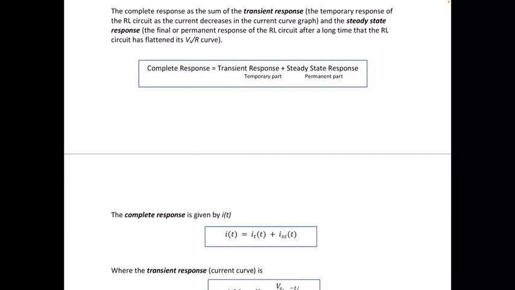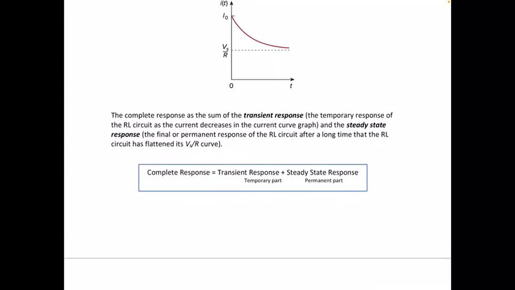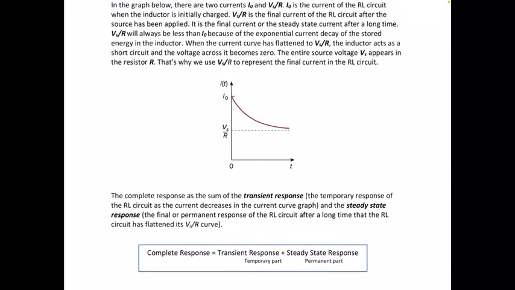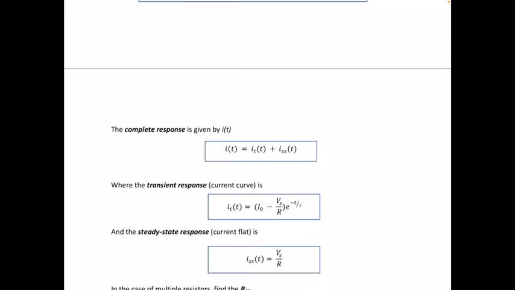The complete response, as the sum of the transient response and the steady state response, is given in this formula. The transient response is the temporary part, where the current graph experiences a curve, and the steady state response is when the current flattens to the Vs over R level.